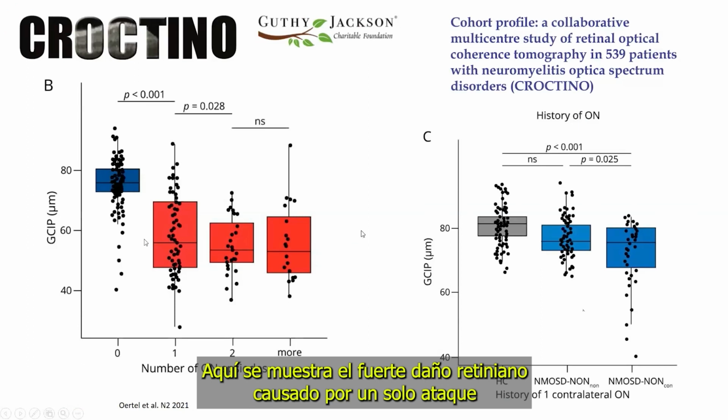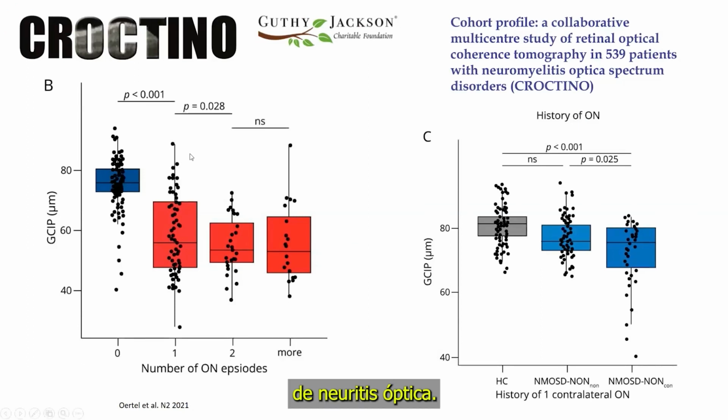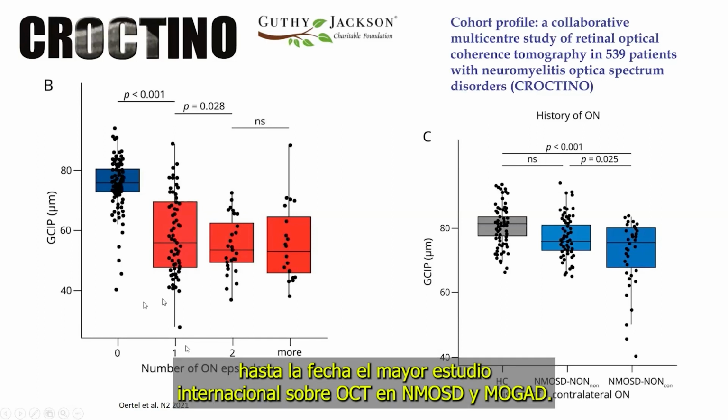And the strong retinal damage caused by one single attack of optic neuritis is displayed here. This is the CROCTINO study, to date the largest international study on OCT in NMOSD and MOGAD.